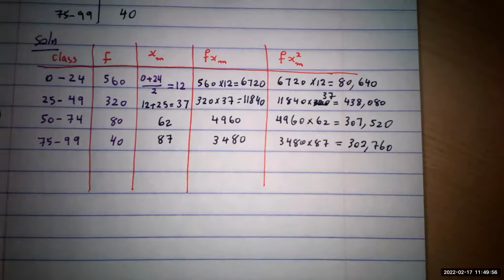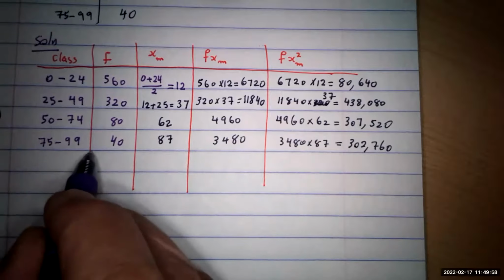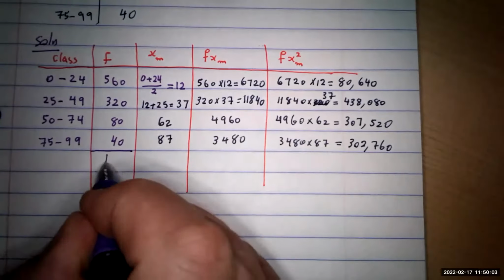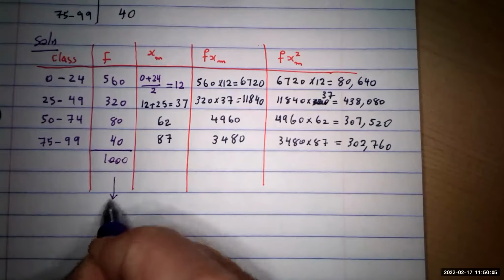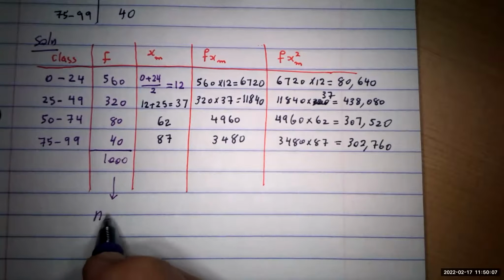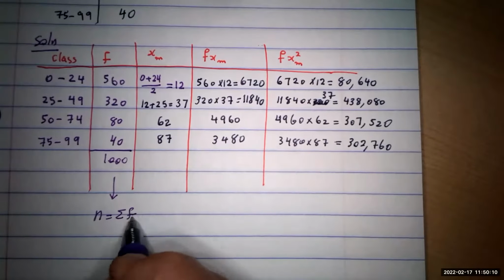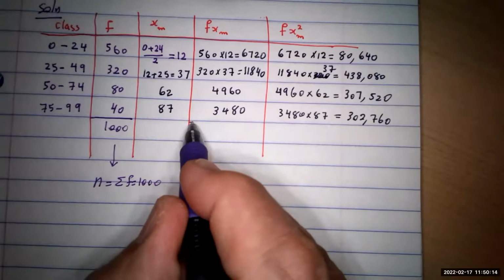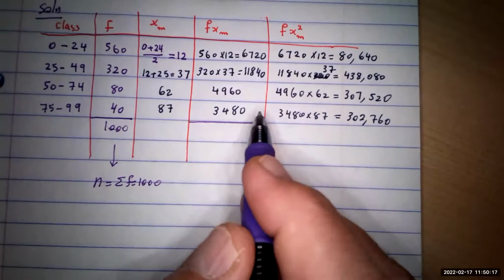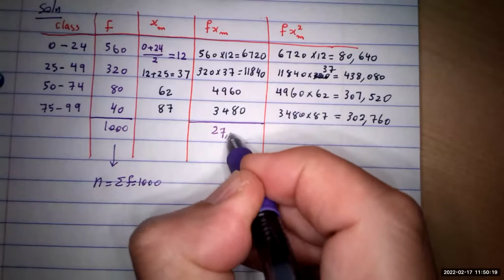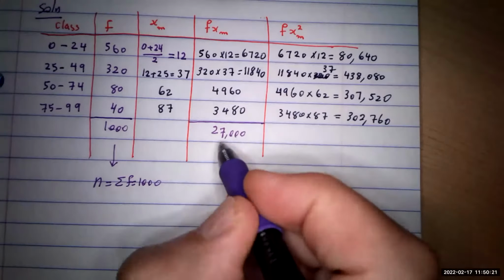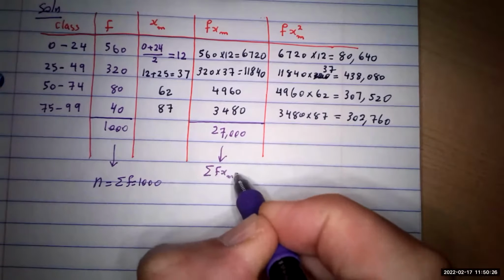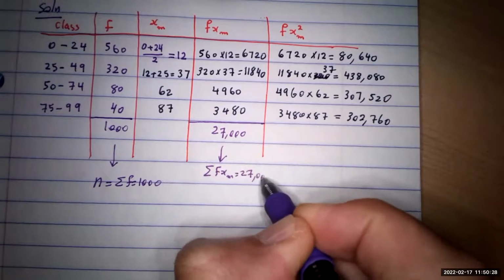Okay, so what you need to do is you need this sum here, sigma f. If you add them together, that gives 1,000. So that gives you n. n is sigma f, which is 1,000. You need this sum here, that gives you 27,000. So that would be sigma f times x, which is 27,000.